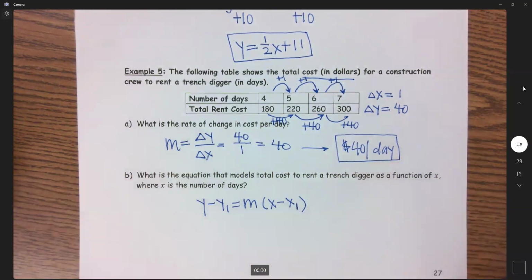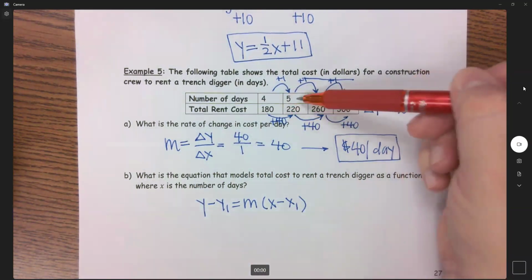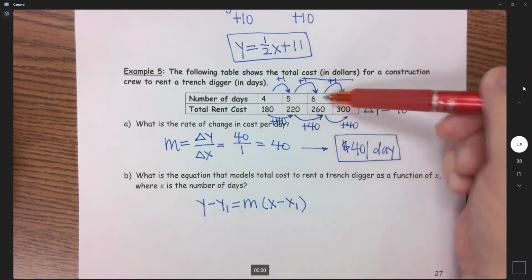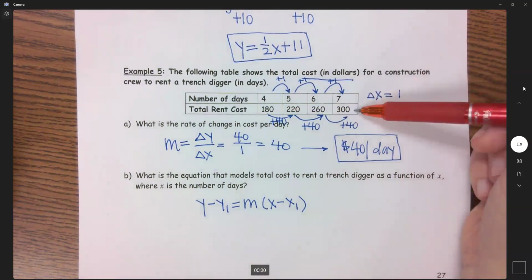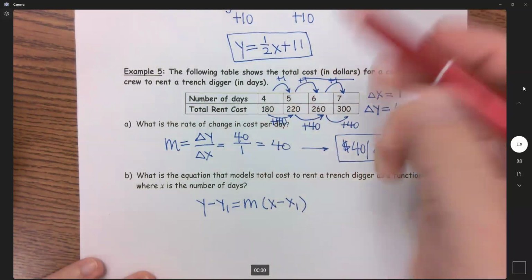So now I need a point. Well, I have 4 different points to choose from here. I could use 4, 180, 5, 220, 6, 260, or 7, 300. Does not matter which point you want to use, you get the same answer no matter what. So I personally like smaller numbers, so I'm going to use this very first one here.